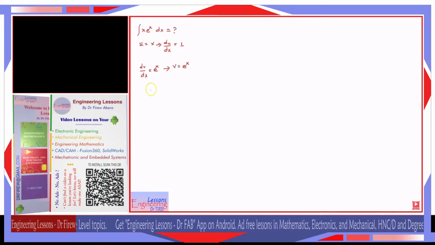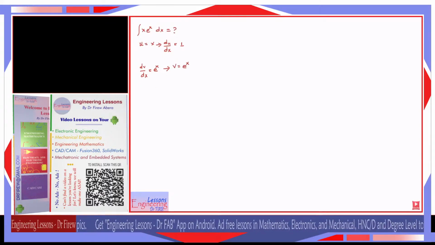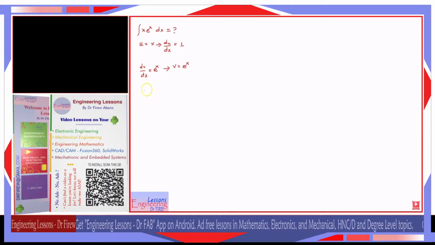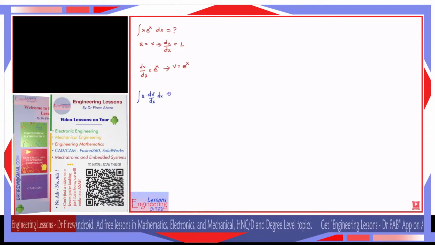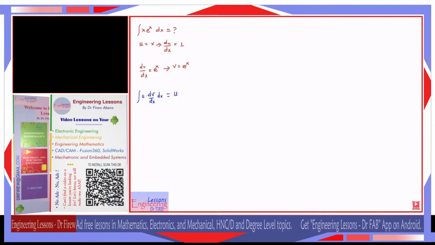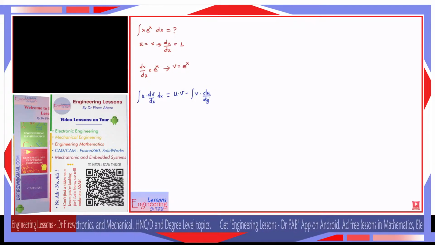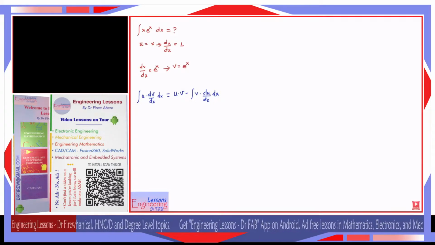Okay, so now let's remind ourselves what the rule of integration by parts is. The integral of u times dv by dx dx equals u times v minus the integral of v times du by dx dx.